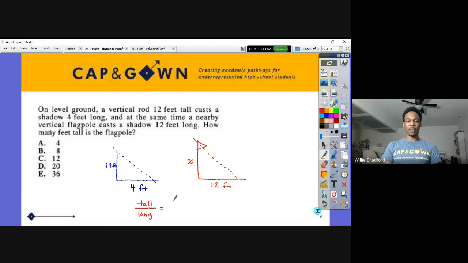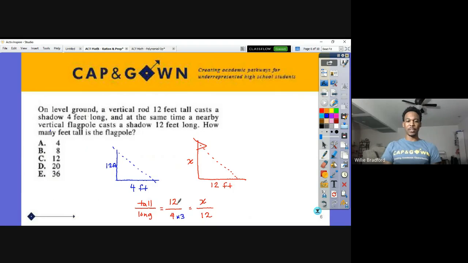Okay, so I have 12 feet to how tall this flagpole is. Then I have 4 feet long to how long this shadow is. This one works out pretty easily because 4, I can multiply by 3 to get to 12.